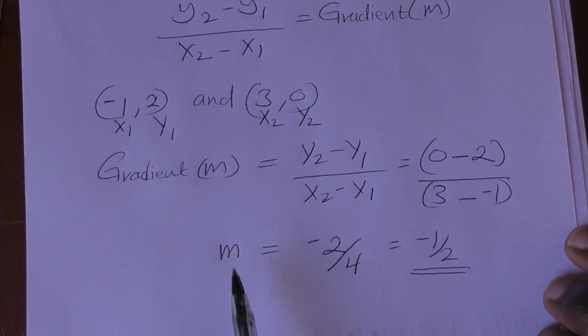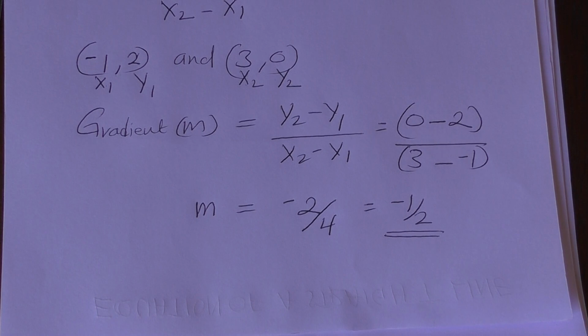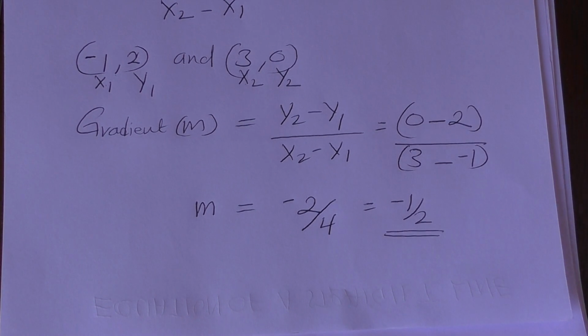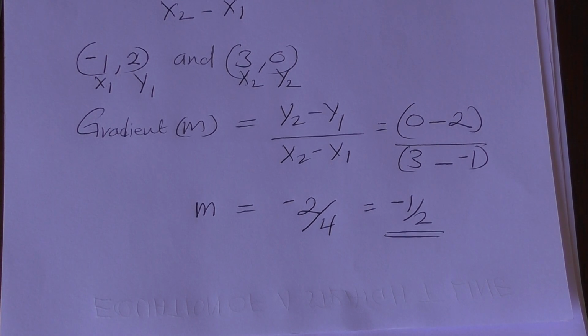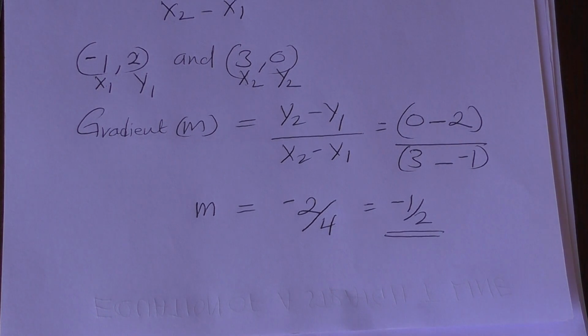So, after getting the gradient, which is negative a half, we now look for the y-intercept, c. How do we do this? For the y-intercept c, we shall consider one of the points and the gradient. And this is what I mean.